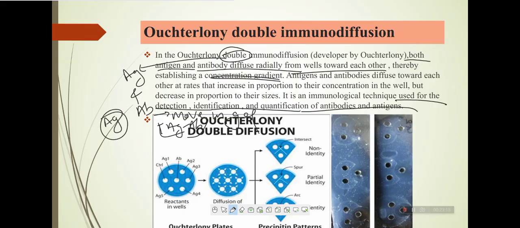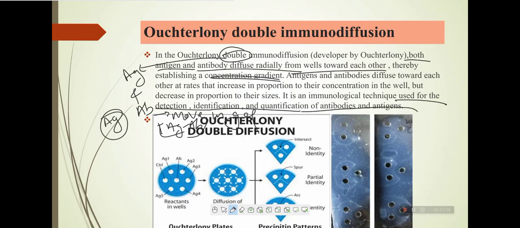See here, this is an agar plate. This agar plate only contains agar, not antibody. Remember that. In radial immunodiffusion, the agar plate contains antibody, but in double immunodiffusion, the agar plate does not contain antibody.